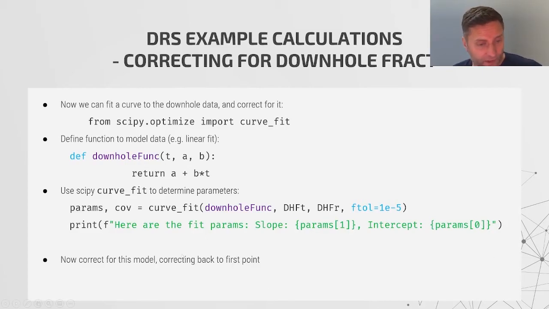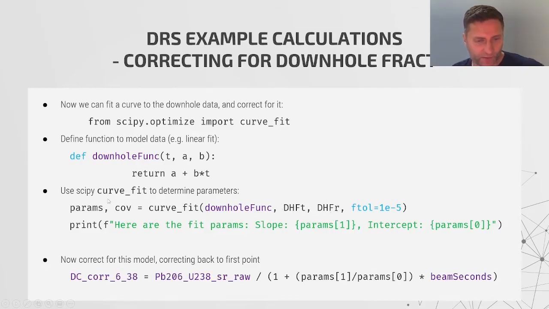Now we can actually use this model, which we've calculated based on our downhole, our beam seconds and our average downhole values, and we can correct for them here. So this is an example using lead-206 to uranium-238, and you just plug in the parameters here, multiply them by beam seconds, so it'll actually flatten the data back to being at the start of the selection.